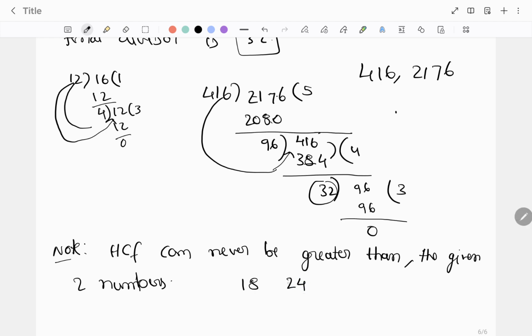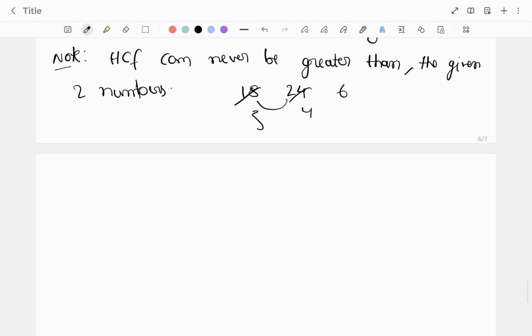What is the HCF of this? What is the difference? 6. Maximum, these both go by 6 or otherwise less than 6. But it is not more than the difference. And these both go by 3. 6 threes and 6 fours. Hope you understood. We'll go for the next question.